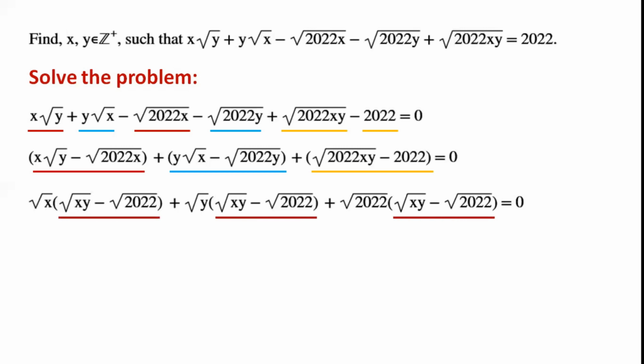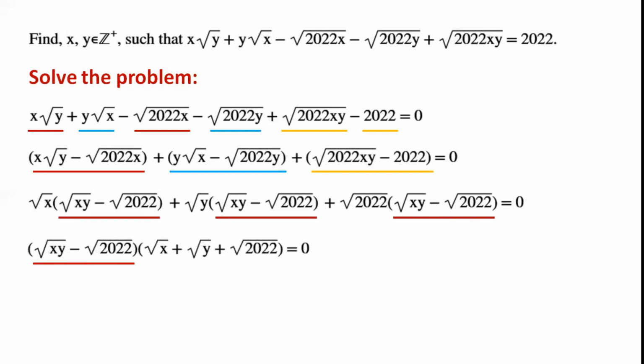We can see that the three terms have a common factor, √(xy) − √2022. So we can now write (√(xy) − √2022)(√x + √y + √2022) = 0.